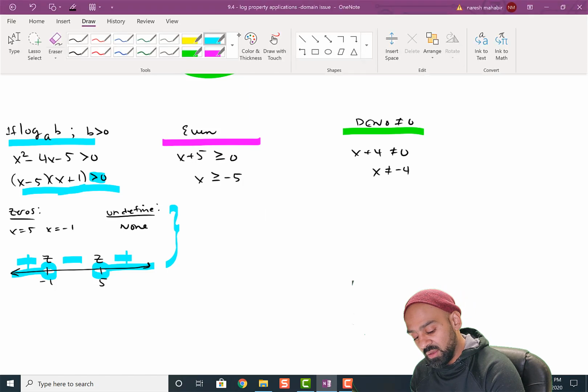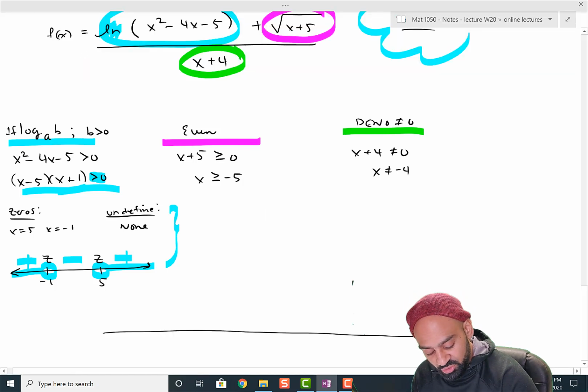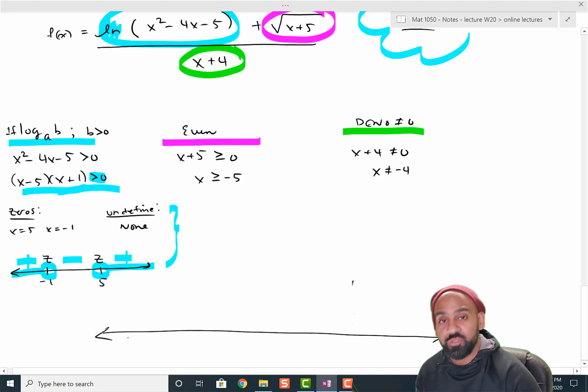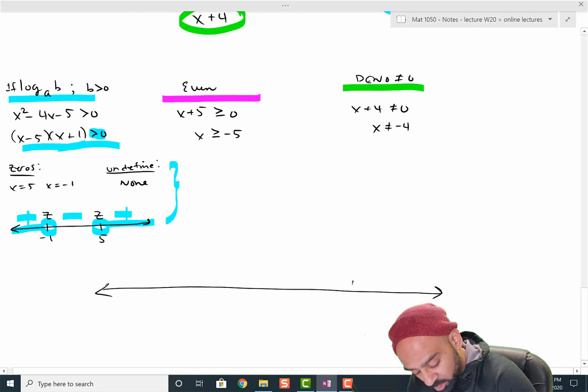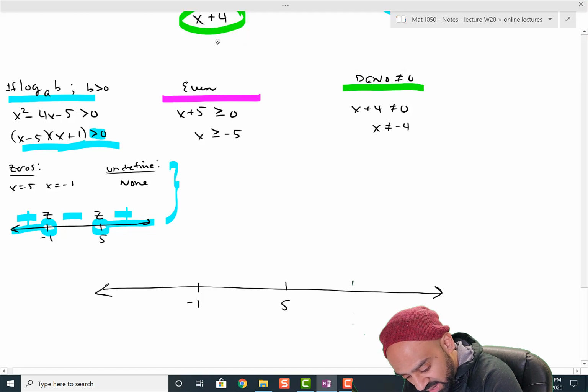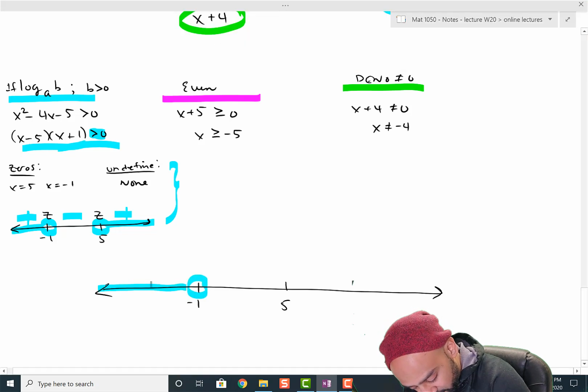We can handle it. All right, so I'm going to draw another number line, and what we're going to do is we're going to blend the first two together. And then once we get a blended picture for that one, we'll do a final blended picture. Okay, so here's negative 1. Here's 5. And then the blue guy says, okay, I like this on back. I like this on forward.